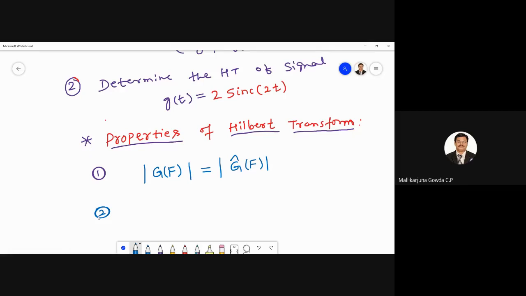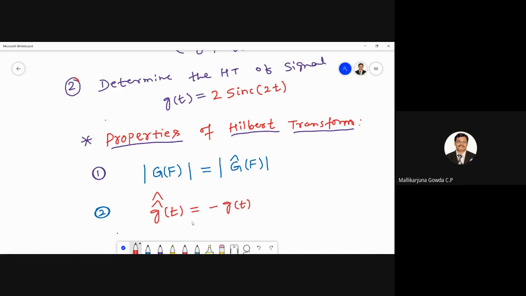Means if I take the Hilbert transform of a signal twice, there will be a sign reversal in the signal. That is, g double cap of t will be equal to minus g of t.